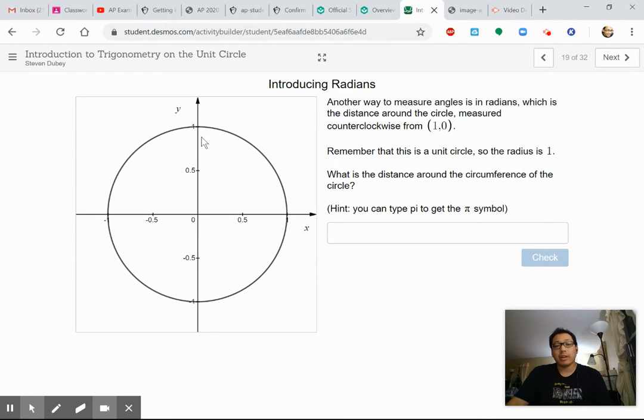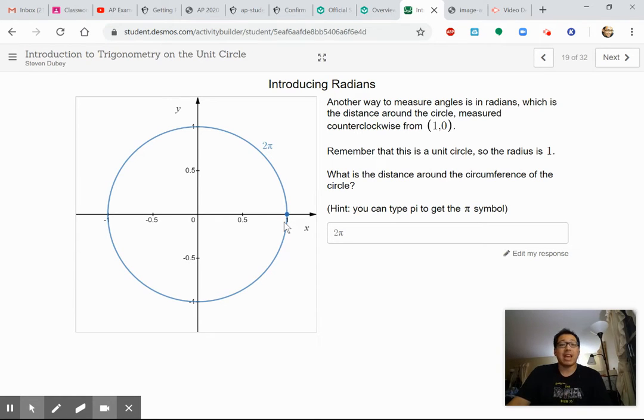So if the radius is 1, the circumference of this circle is 2 pi. You can watch it draw out 2 pi. Because we are measuring in units of the radius, we could say that there are 2 pi radians, 2 pi times the radius, around the circle.